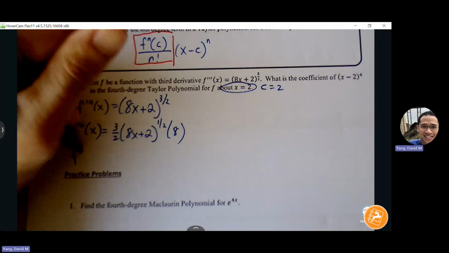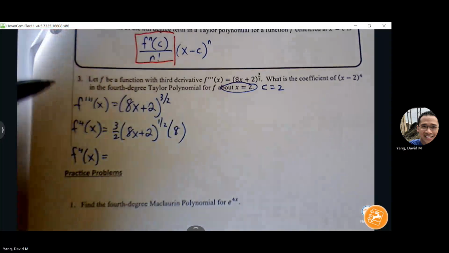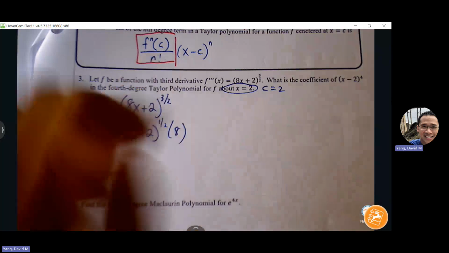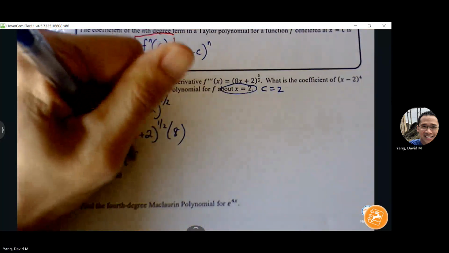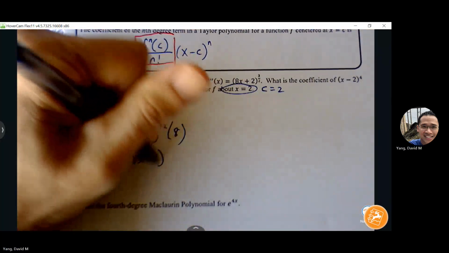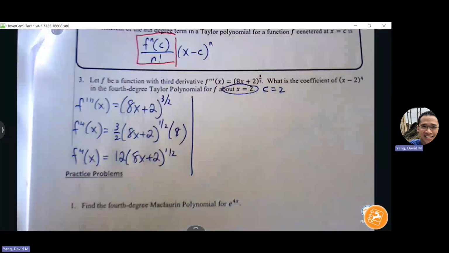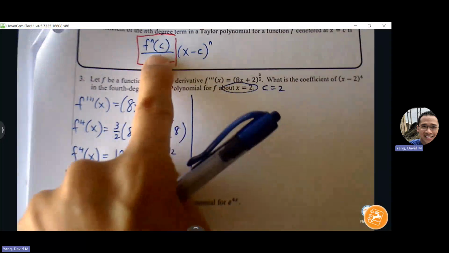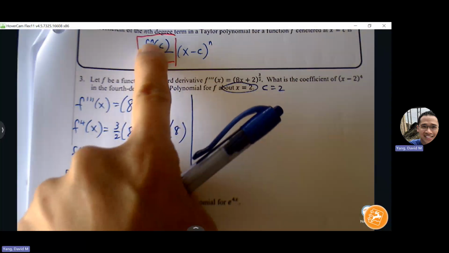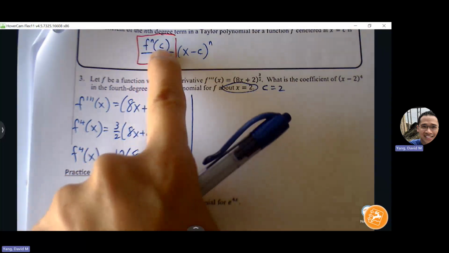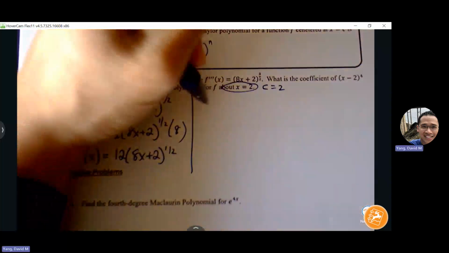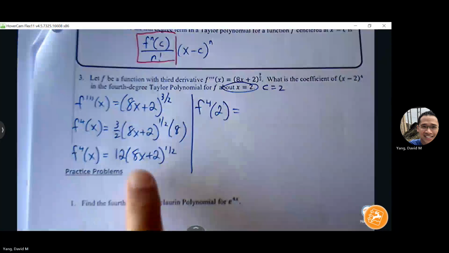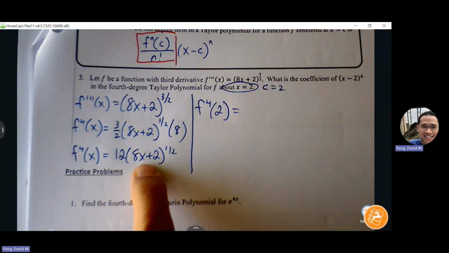And so my fourth derivative is, I could do 3 times 8, which is 24. 24 divided by 2 is 12. So I can evaluate the fourth derivative at 2, and that will take care of the f fourth derivative at c. So I can say the fourth derivative at 2, just plug 2 into my fourth derivative.